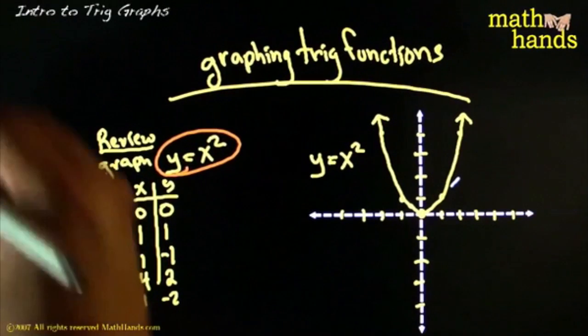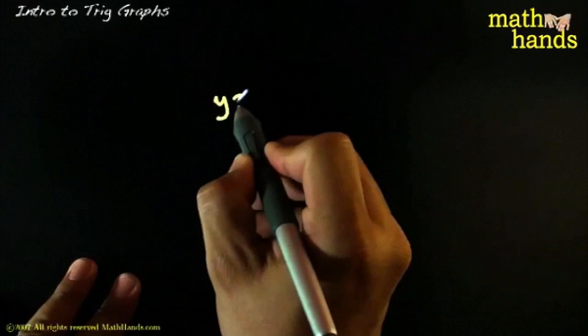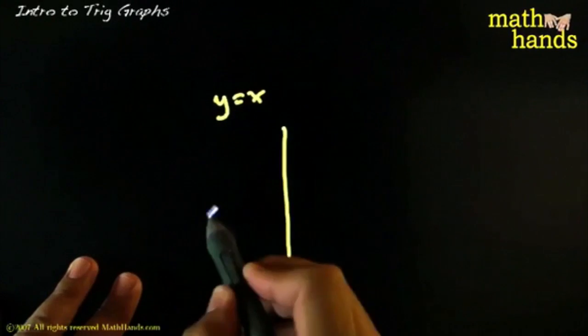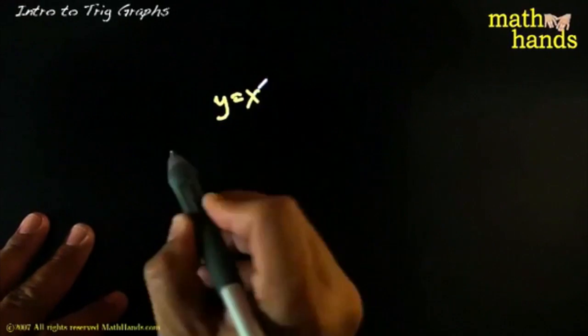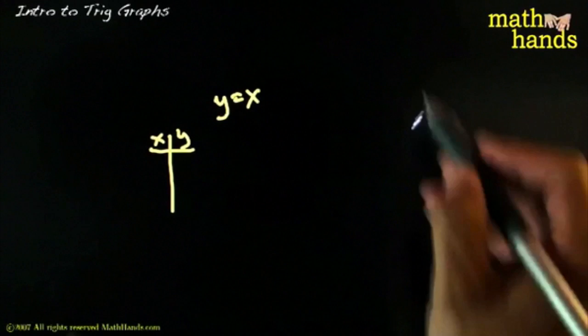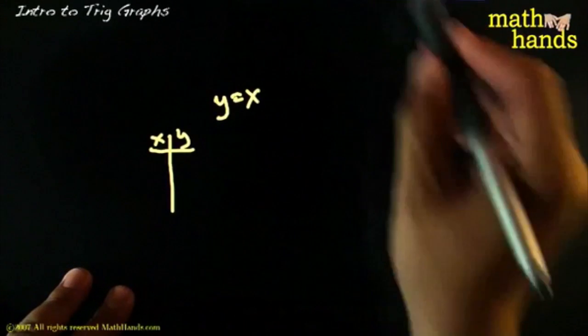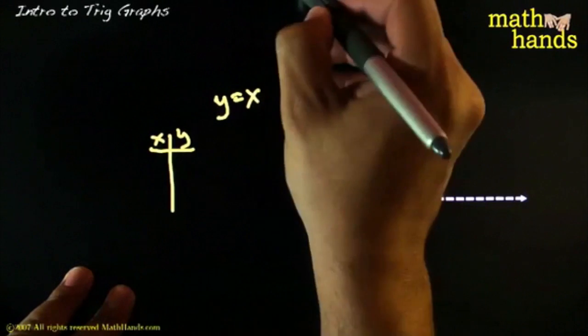Of course, some other famous graphs. For example, y is equal to x. You would sit there and plot points. You make a little coordinate chart with x and y, and there you go.